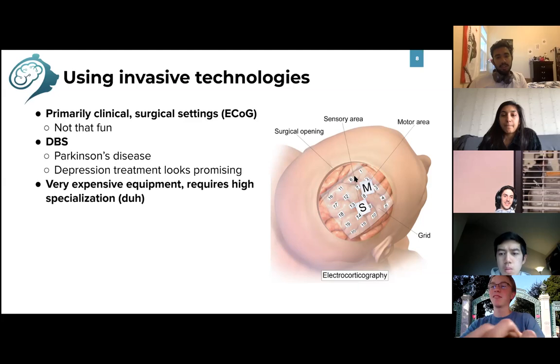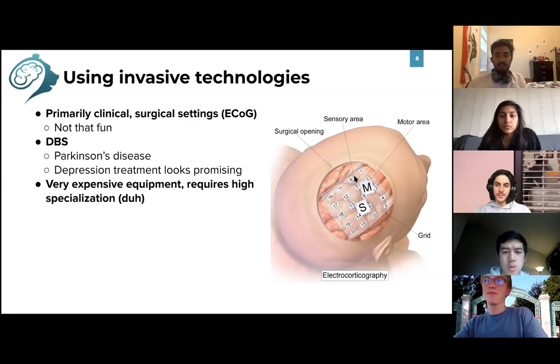Something this picture doesn't show is that until very recently, all of these had to be wired. It doesn't show the huge bunch of wires sticking out of this person's head, which is even scarier, with Dr. Octopus type vibes. Invasive technologies are getting better and becoming more wireless.